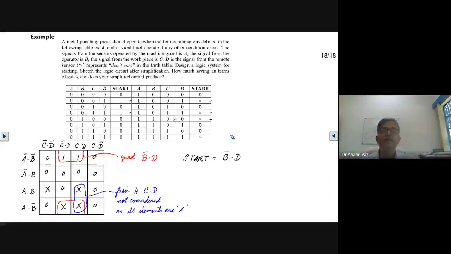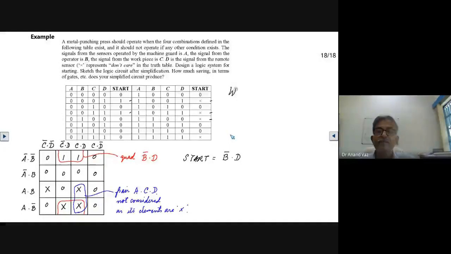Okay. Now you have been asked to design a logic system for starting. You are asked to sketch the logic circuit after simplification. I am sure all of you can do this. How much saving in terms of gates, etc., does your simplified circuit produce? If you would not have done the simplification, you would have had these two, and then how would you have done it? And if you take into account the simplification, you have some savings.